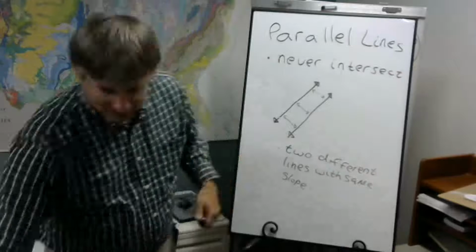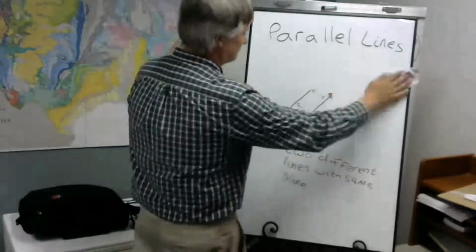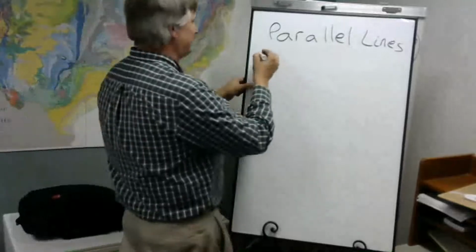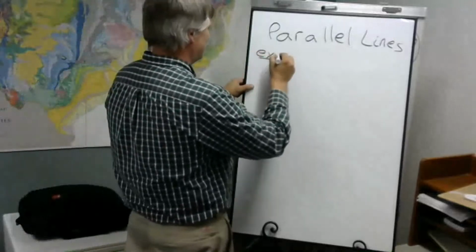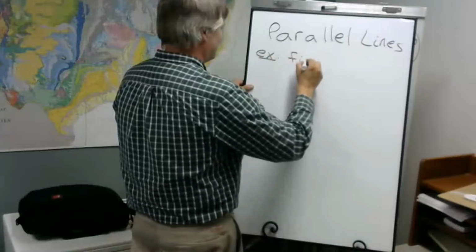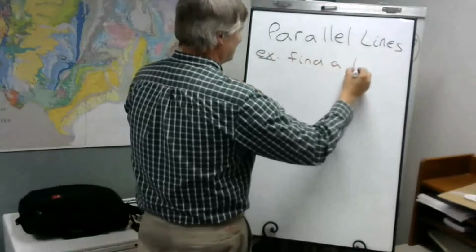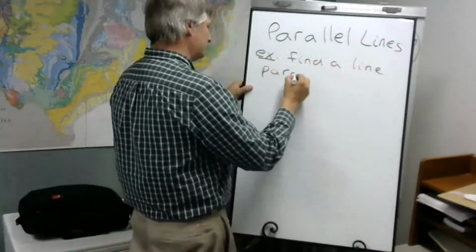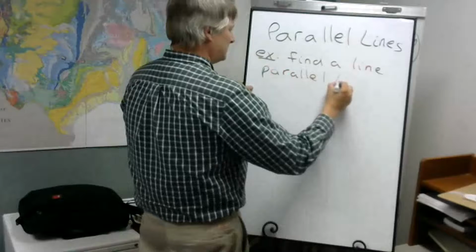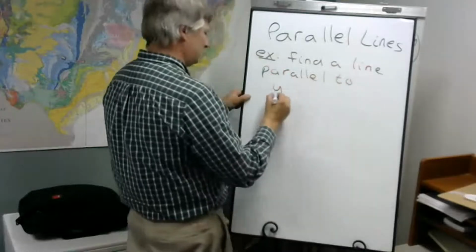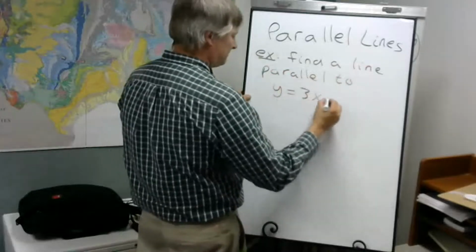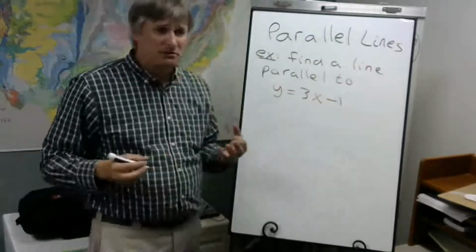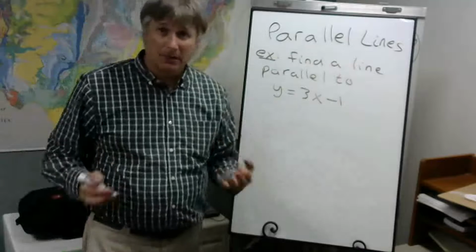So, for example, let's say we want to find a line parallel to y equals 3x minus 1. Well, all we've got to do is come up with a line that has the same slope.